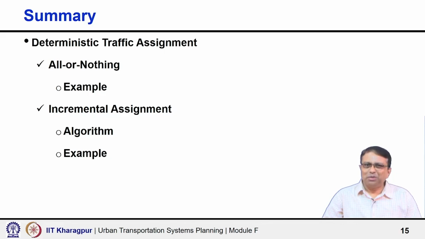Then to overcome that, a further improvement is the incremental assignment. So, we explained what you do in incremental assignment, and then took an example to show the application, how you can improve your result, but we concluded that this still may not give you the true user equilibrium distribution of flow.